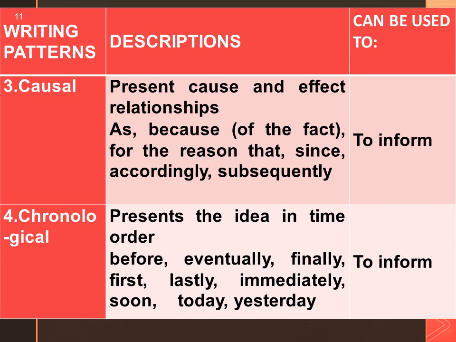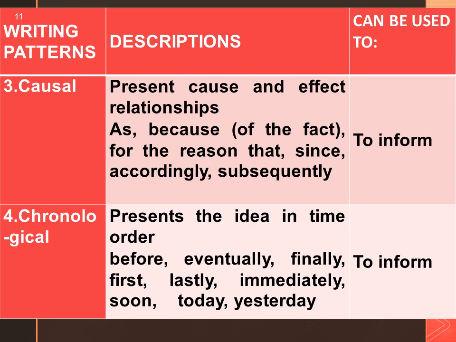These are just a few examples of keywords under chronological. So all you have to understand under chronological is it deals with events from the beginning until the end. And this is also used for informing an audience.